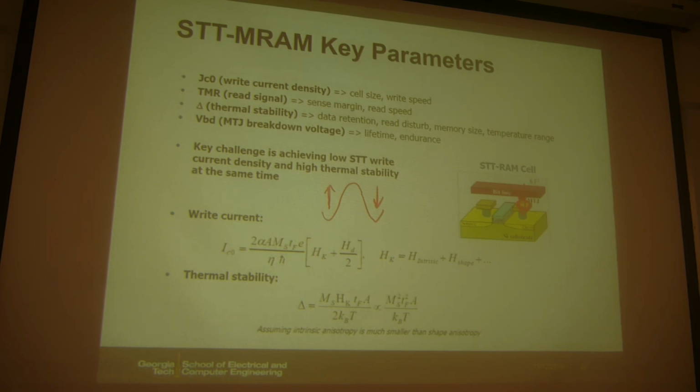You scale the area of your MTJ structure from the top view, your current scales proportionally. The current density is a constant for a given material system. Of course, if you change the stack material, that will change. But if you just scale the area, it will not change the current density.